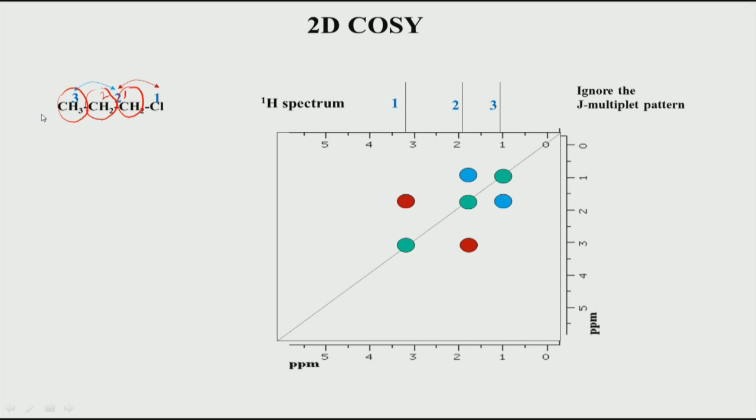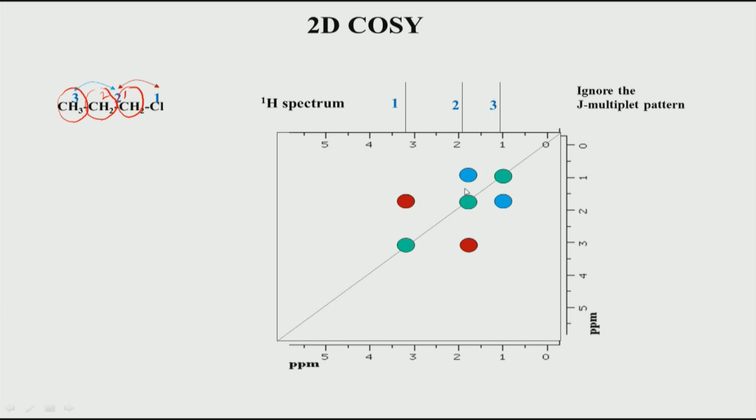Because there are 3 protons on one side and 2 on the other. So, for proton 2 you will get 6 peaks, but those 6 peaks do not tell me to what it is coupled. Of course, in this case it is easy to say it is coupled to this side and this side, but if I have a number of peaks, the sextet does not tell me which other hydrogens it is coupled to, and that information comes from here.